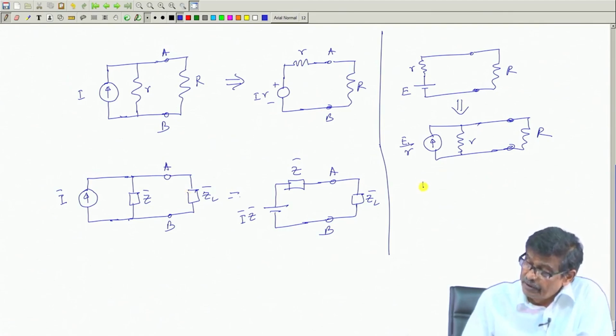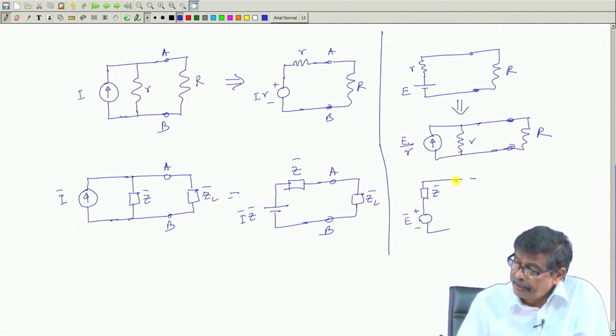Similarly, if you have an AC source with an internal impedance, an ideal AC source E bar, and AB is your load terminal, and here you connect a load impedance ZL.